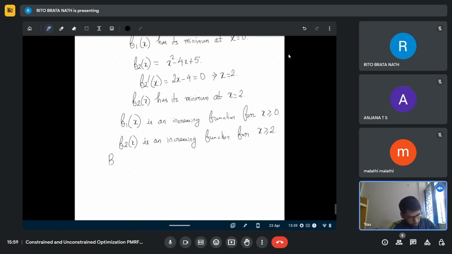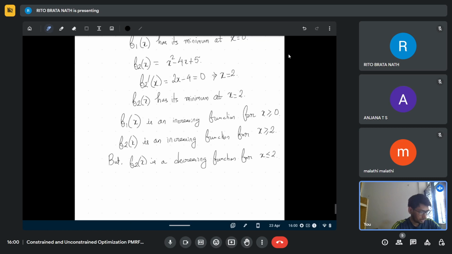But f2(x) is a decreasing function for x less than or equal to 2. So it has its minimum at x equals 2, and since it's a decreasing function, the values are higher than that between 0 and 2.